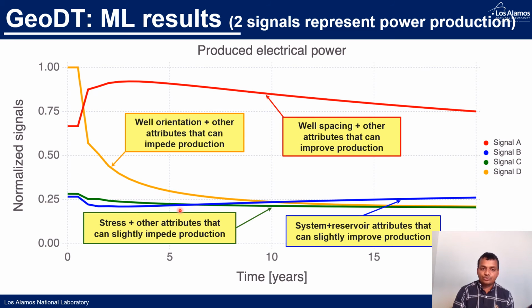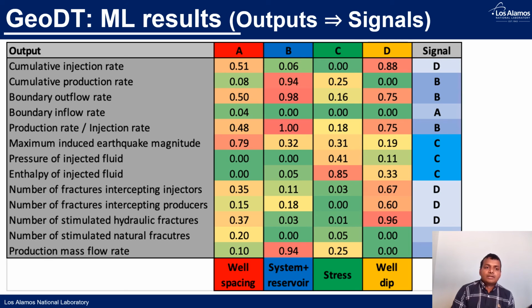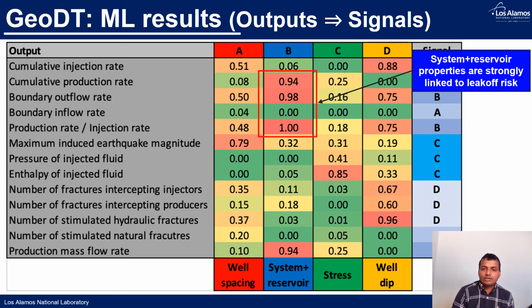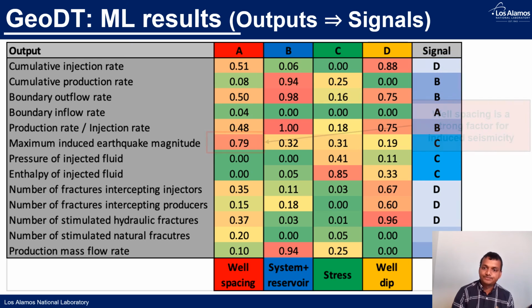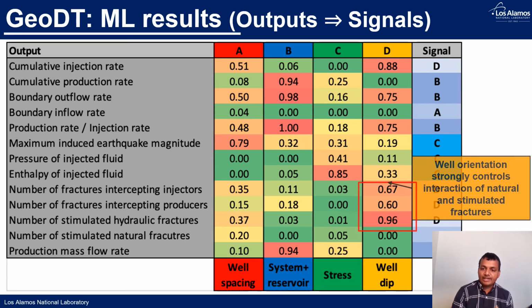The other two have dominance in the lower magnitude, but they can tell us about the state of stress and system and reservoir attributes. So overall, each signature can tell us what parameters are important and what parameters are not that dominant on that signature. So yeah, you can see this.